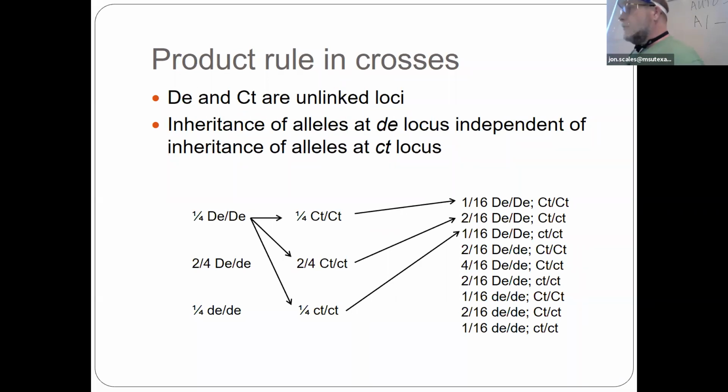What's the probability of being homozygous for droopy and heterozygous for crinkly? What's that one? Okay.